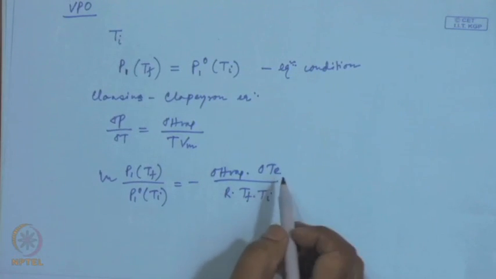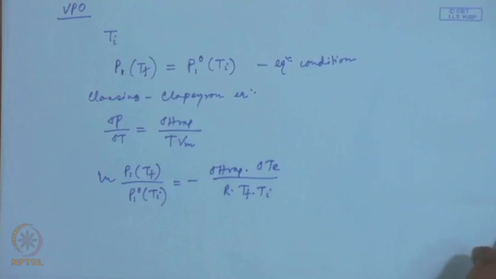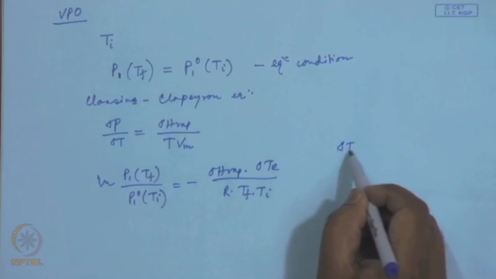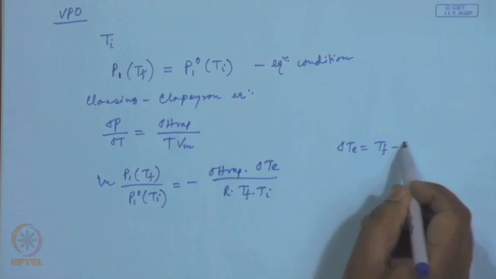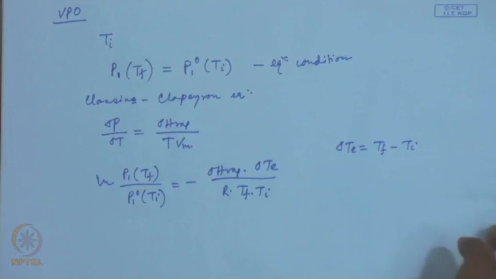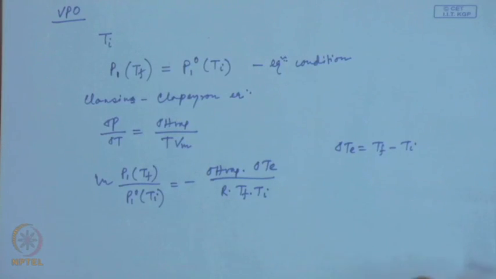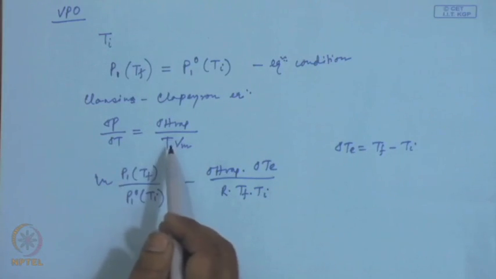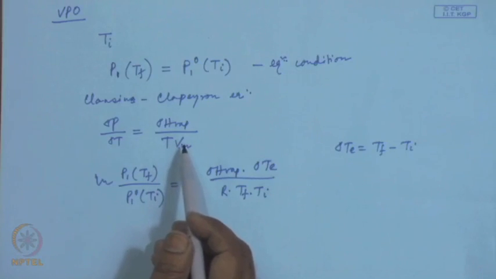Delta T is the temperature difference from the final to initial, at T E, which represents equilibrium. While deducing, we considered that the vapor phase behaves as an ideal gas.